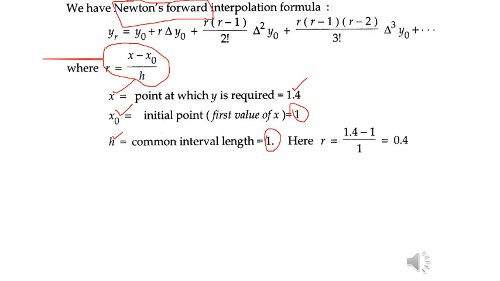So if you use this formula here, what is the value of x? The value of x is 1.4. What is the value of x naught? X naught is 1, and the value of h is 1. If you simplify, you will get the value as 0.4.